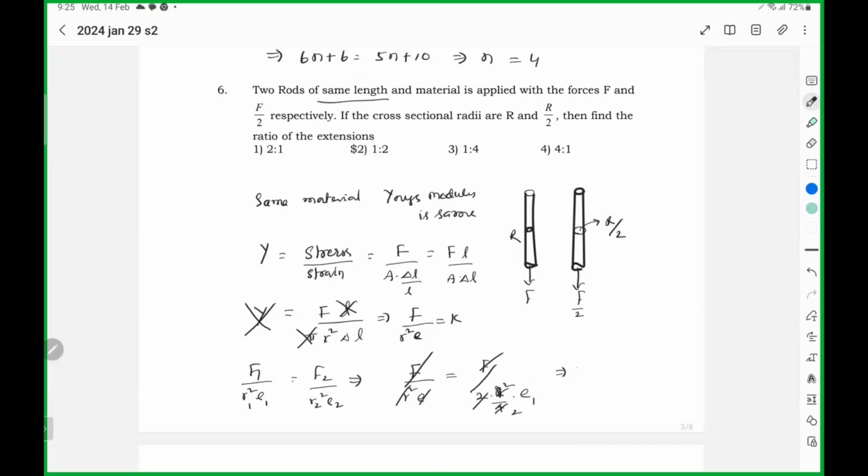That is, R square E1 by 2 is R square E. That means E1 is nothing but 2E. So E is to E1, that is 1 is to 2.